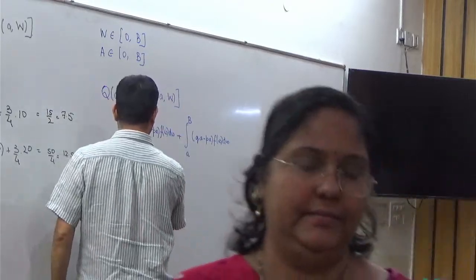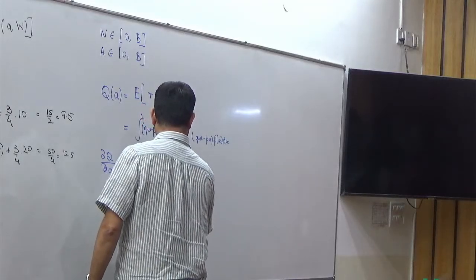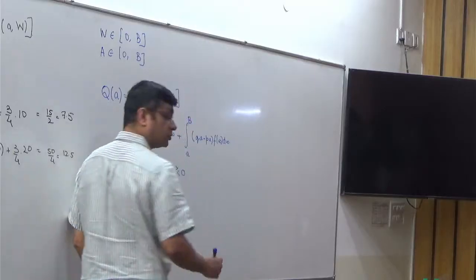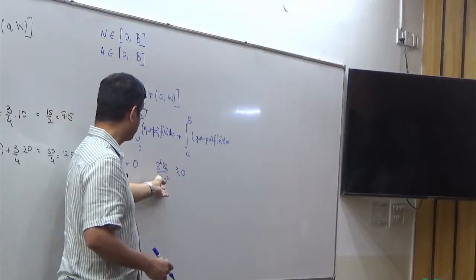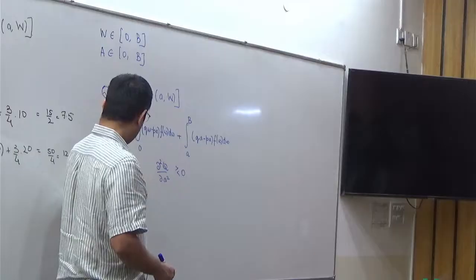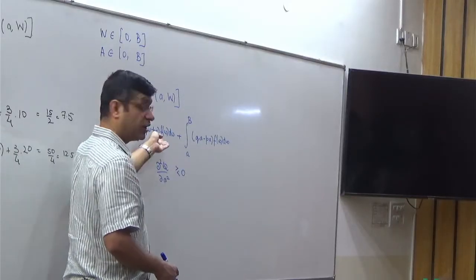I'll set the derivative to 0. I'll check the second derivative. I'll check whether this is greater than or less than 0. And in this case, it ends up being greater than 0. I know this is a convex function. So first order optimality condition is sufficient. And I would find the value of A which solves this.